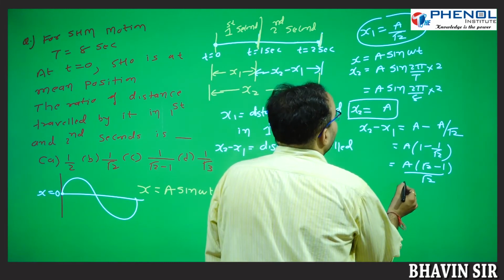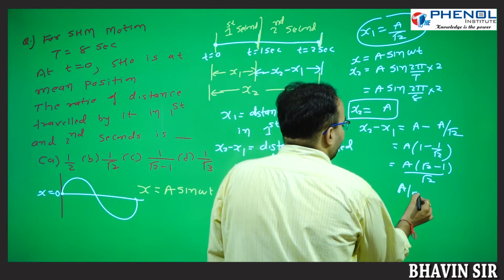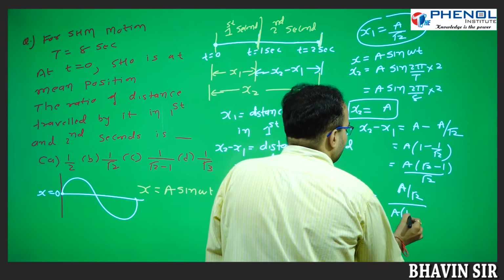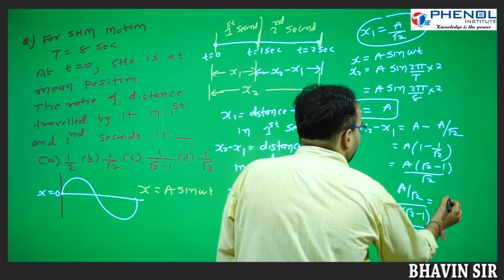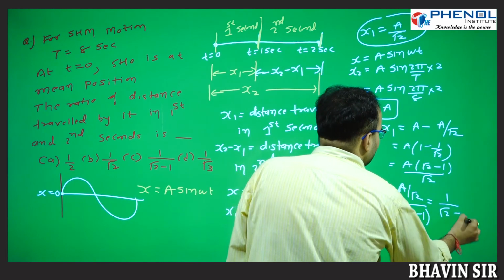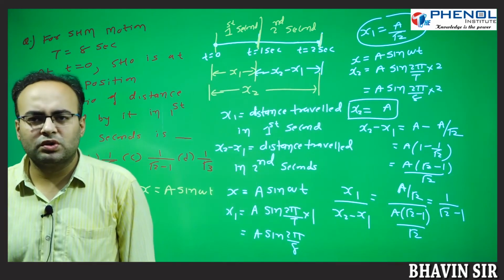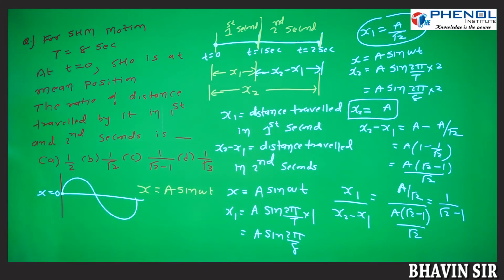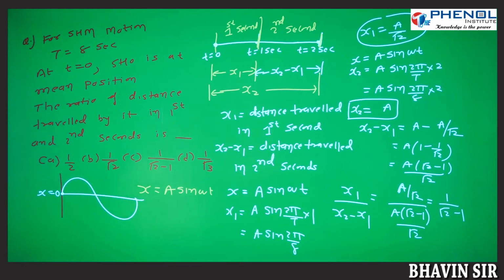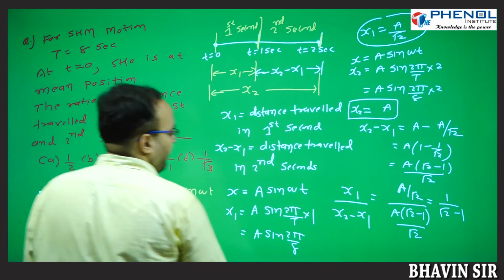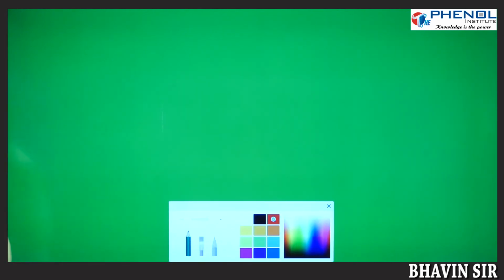In the first second the distance is A by root 2. So A cancels, root 2 cancels, and we get 1 upon root 2 minus 1. Now students, next topic.